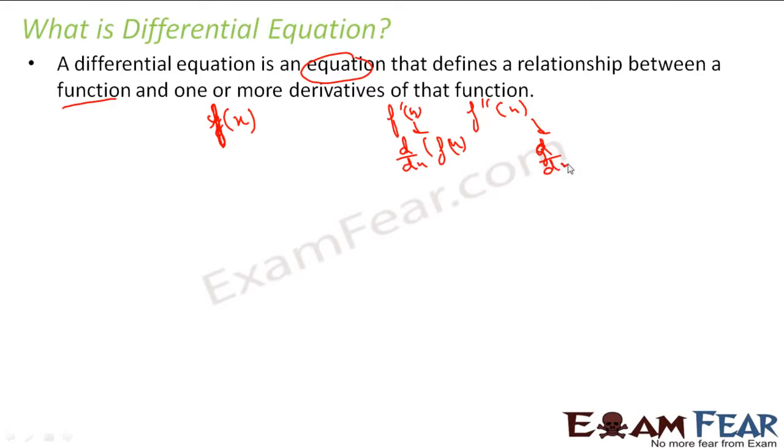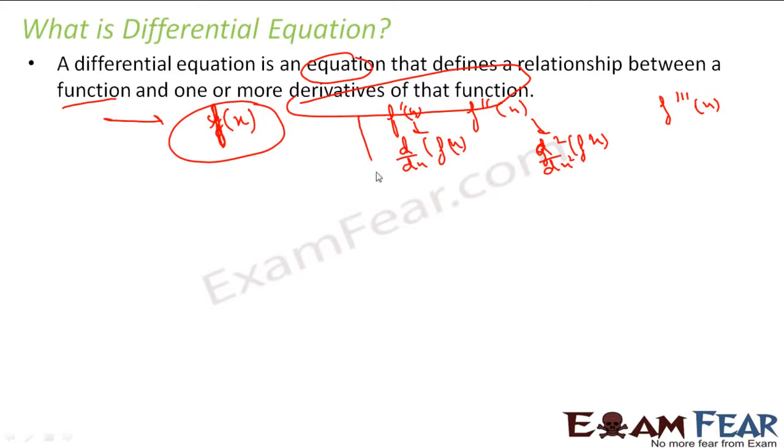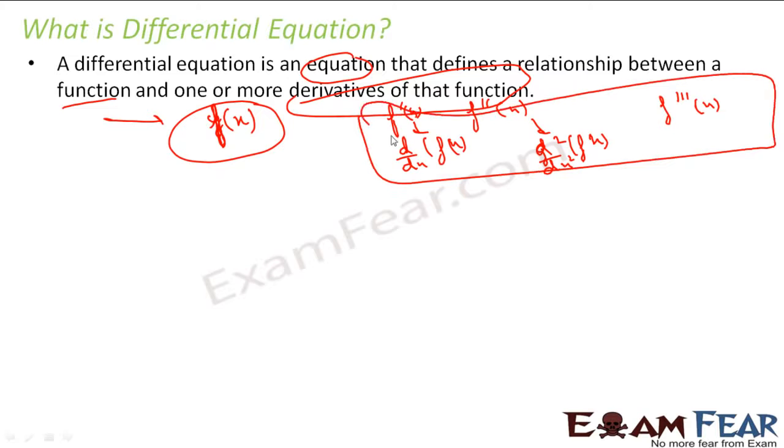Sorry, d²/dx² of f(x). Or you can have f triple dash x. So this is nothing but a relationship between this guy, that is a function, and derivatives of the function. So these are my derivatives of the function. That means any relationship between this bucket and this bucket will be my differential equation.